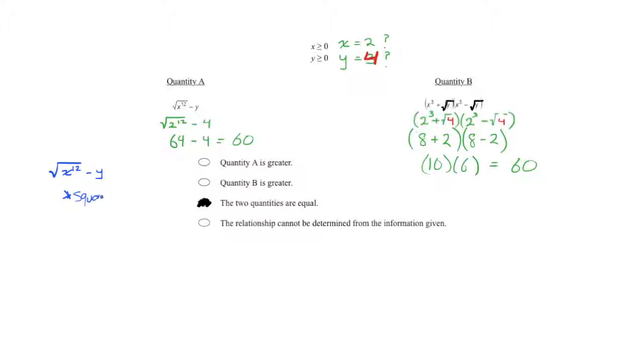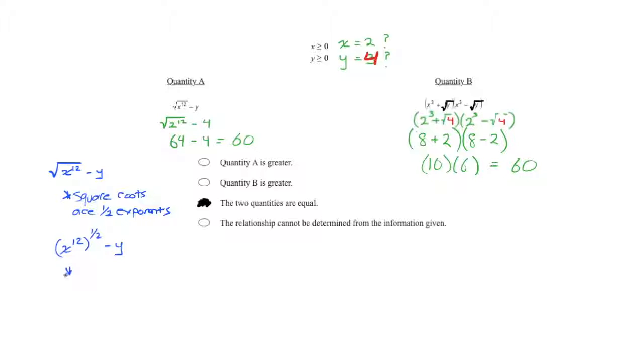Square roots are 1/2 exponents. That is a rule from algebra, okay? That means that this thing here is in fact x to the 12th to the 1/2 power minus y, no matter what x is, whether it's easy to work with or not.